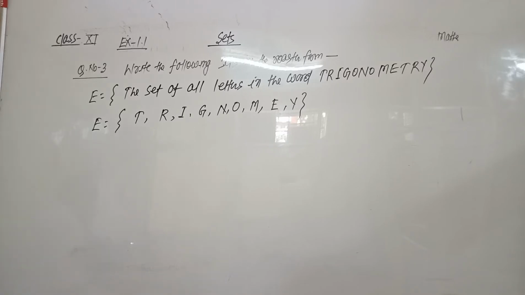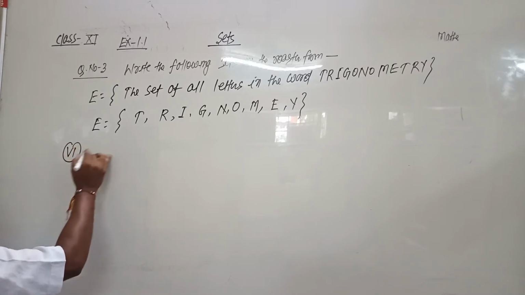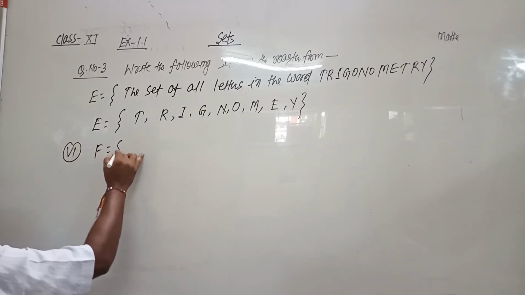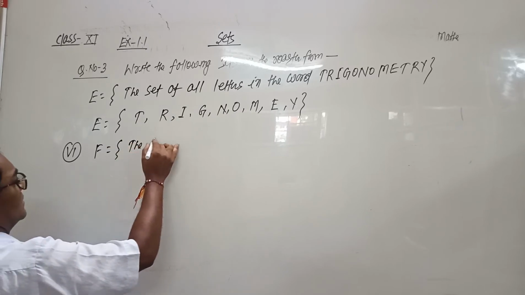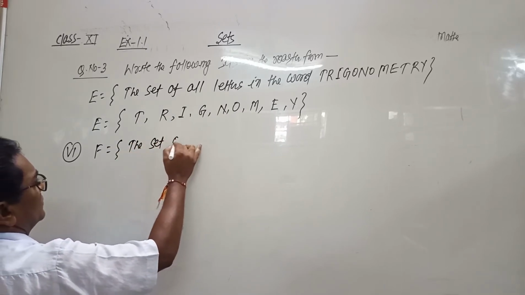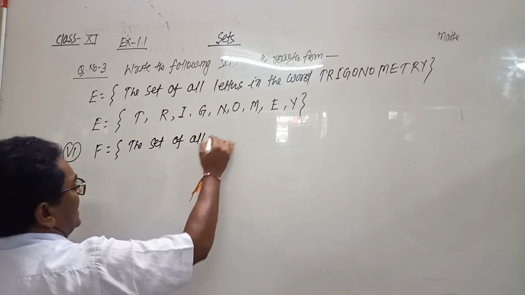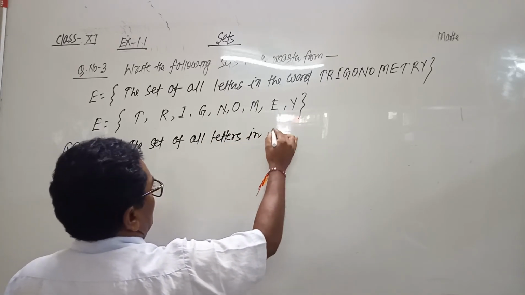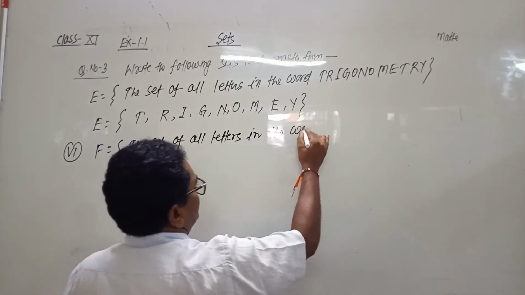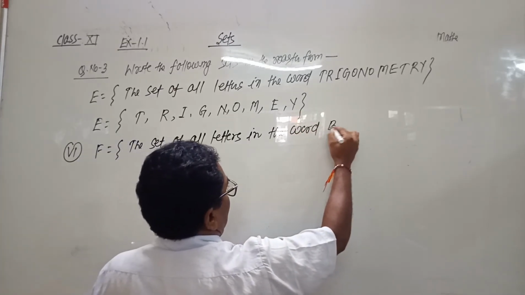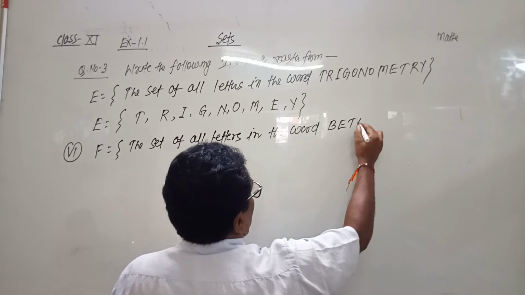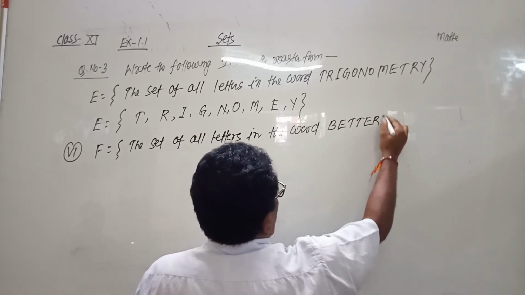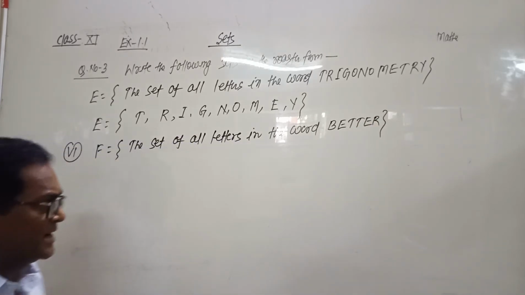Next is the set of all letters in the word beta.